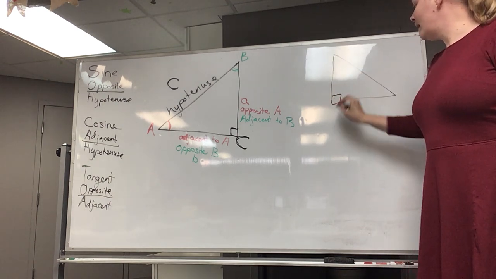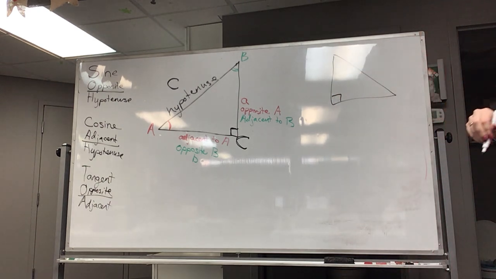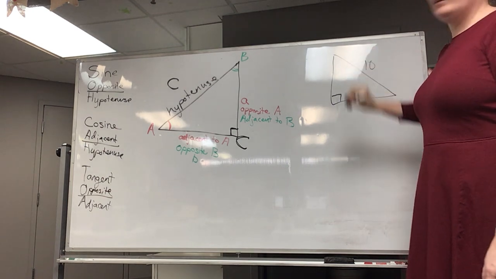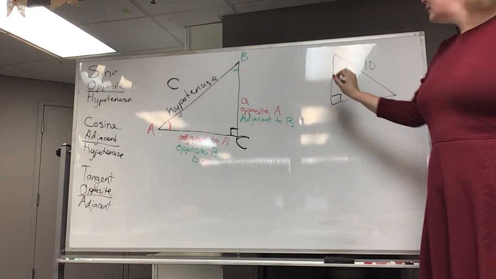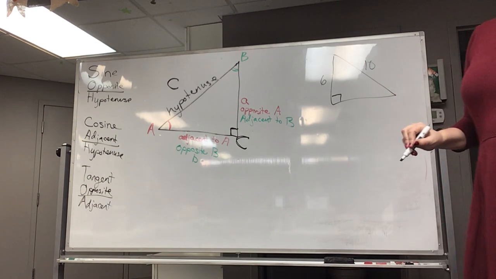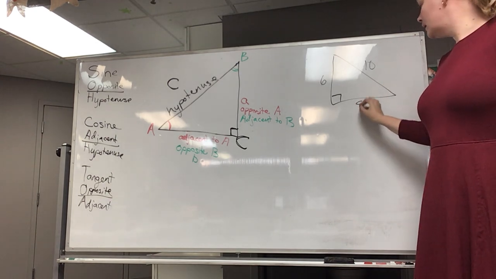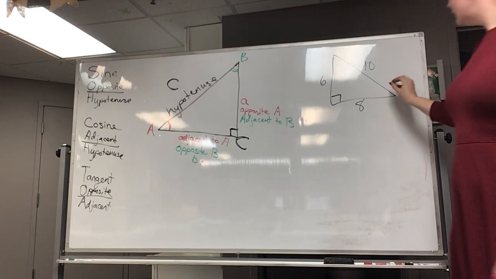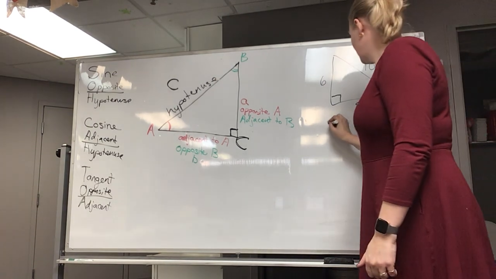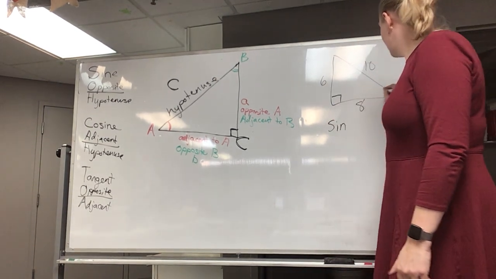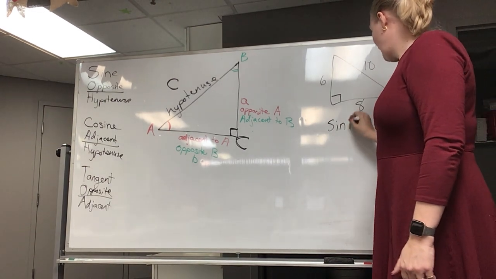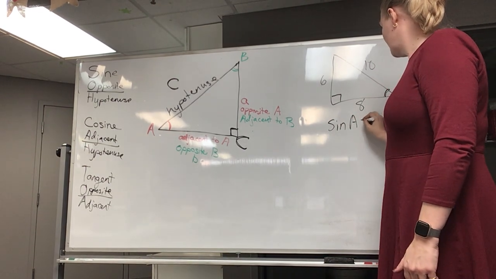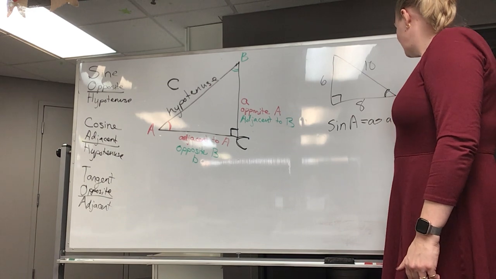But again, back to a very basic triangle. We have 10, we have 6, and we have 8. The question is, I want the sine of A as a decimal.